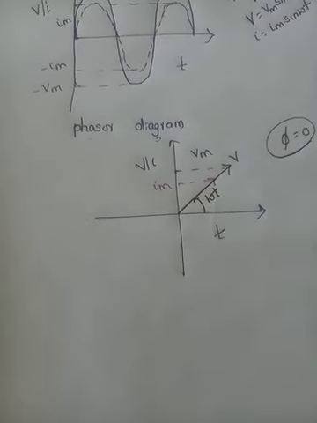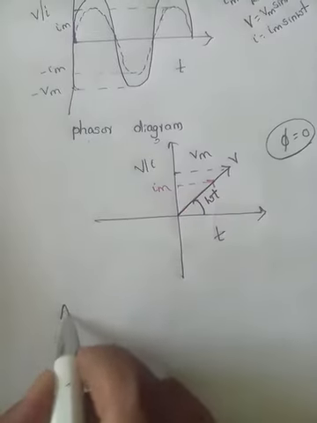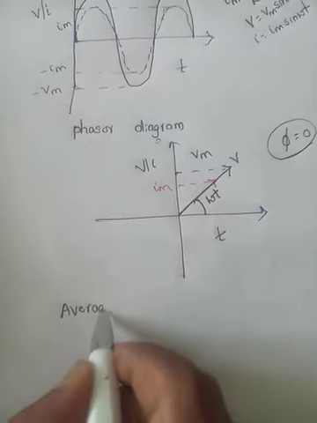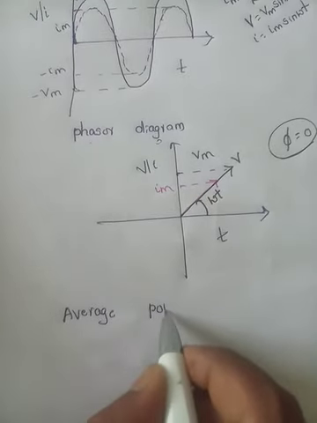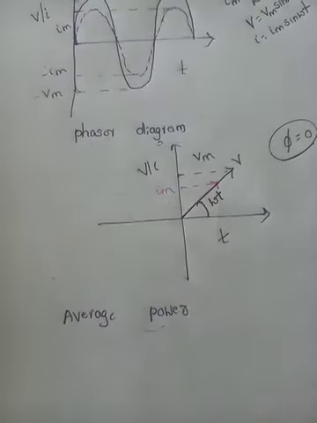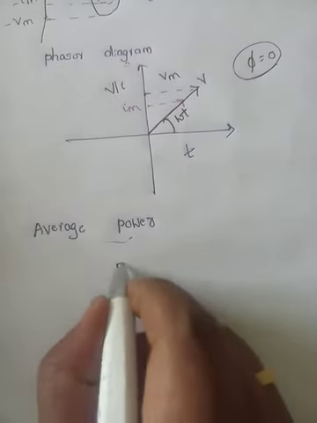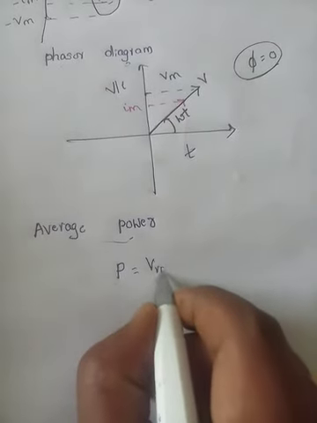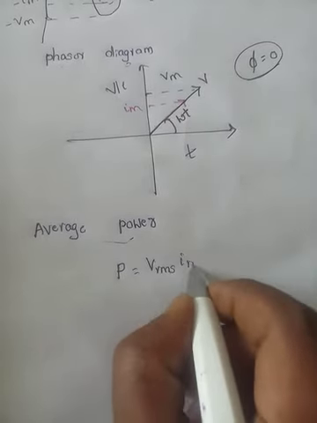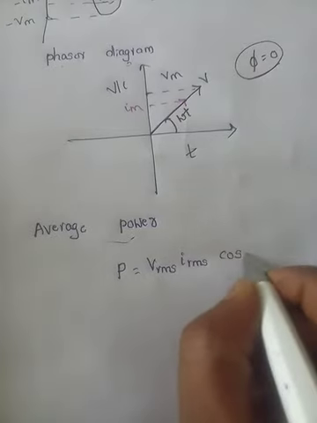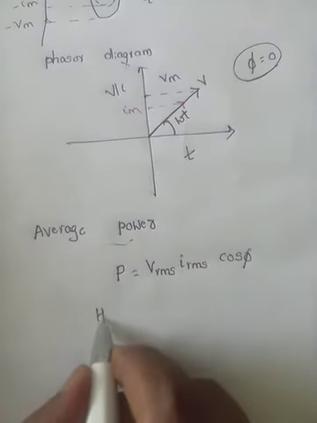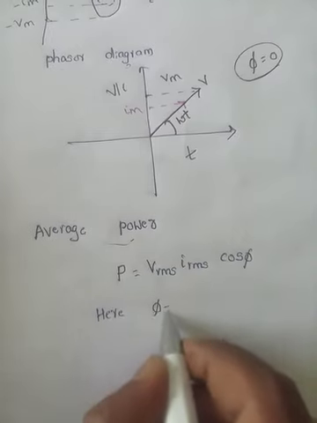Now, what is the average power? The average power formula is P is equal to Vrms Irms into cos phi. Here phi is equal to 0.